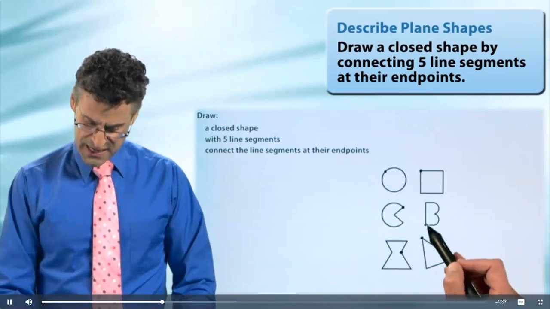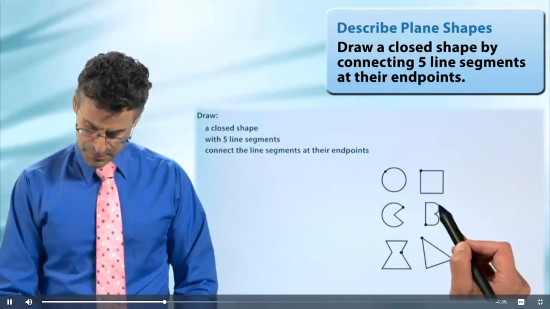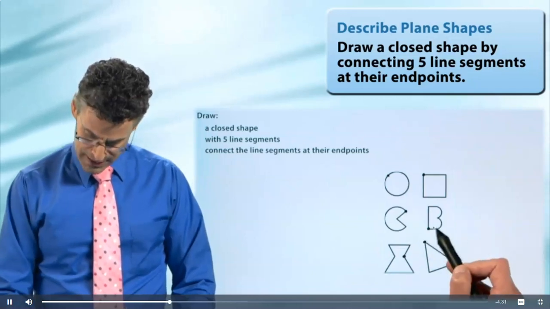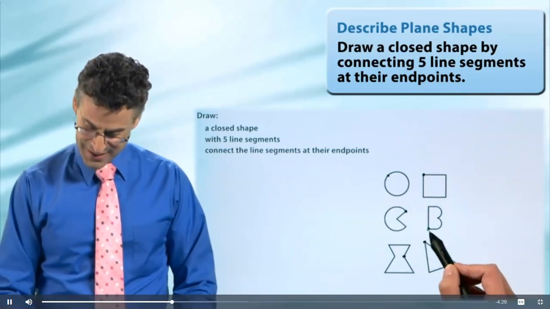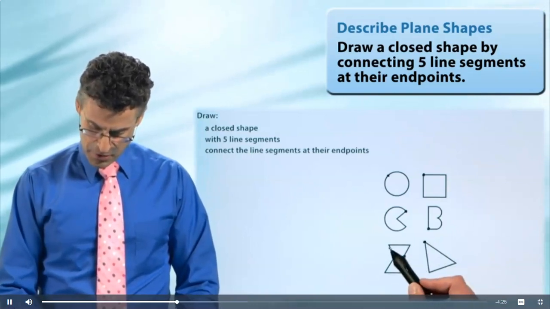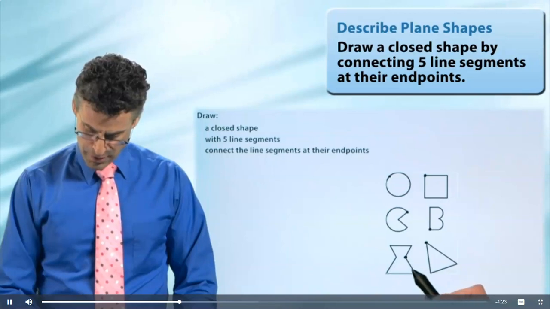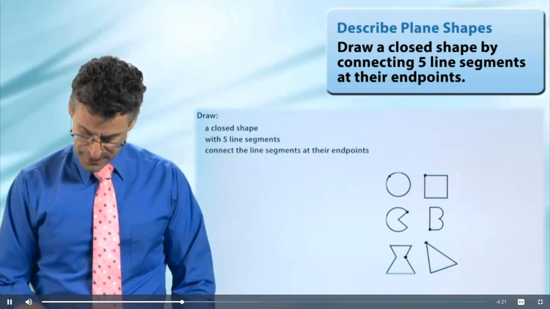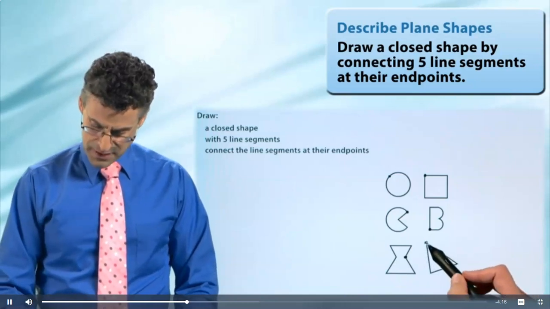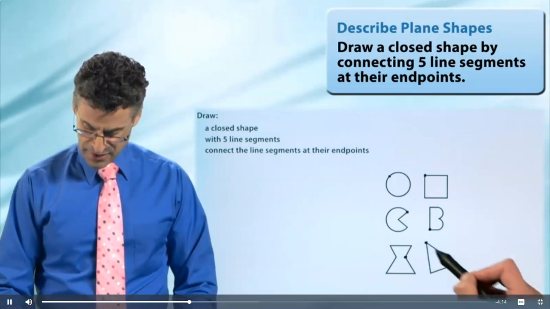This, which looks almost like a bee, doesn't it? I start here, go up, around, over, and then back where I started. And then even this thing, which looks like something interesting, goes up, over, and up, get back where I started. And then finally, the triangle is another example of a closed shape, because if you start here, you can actually end there as well.